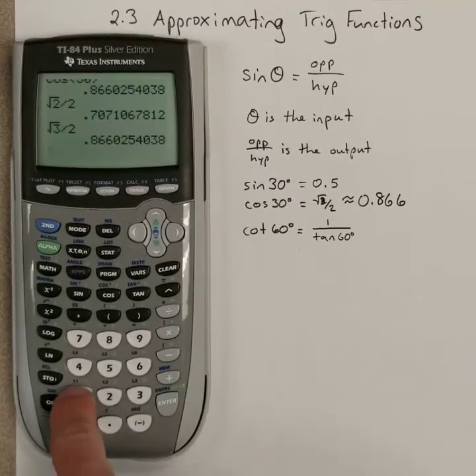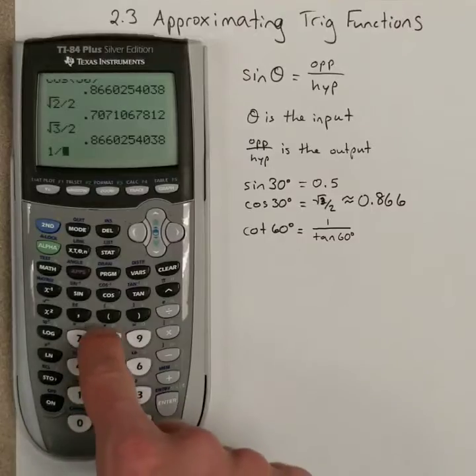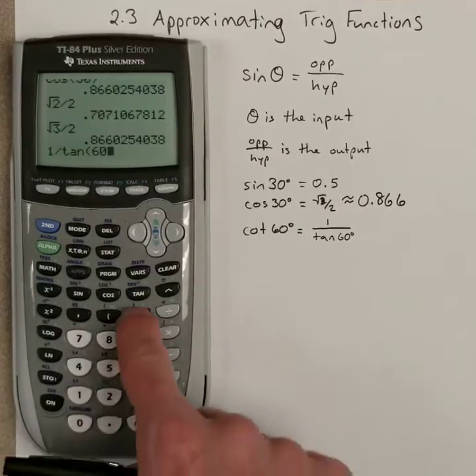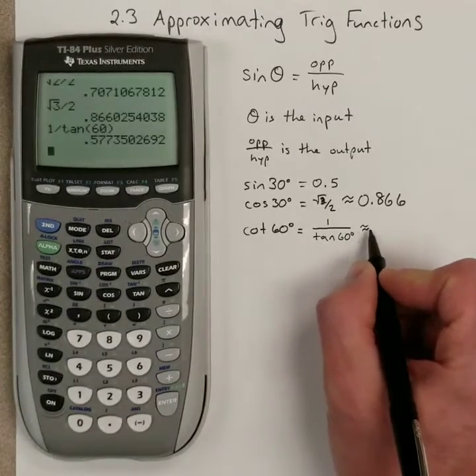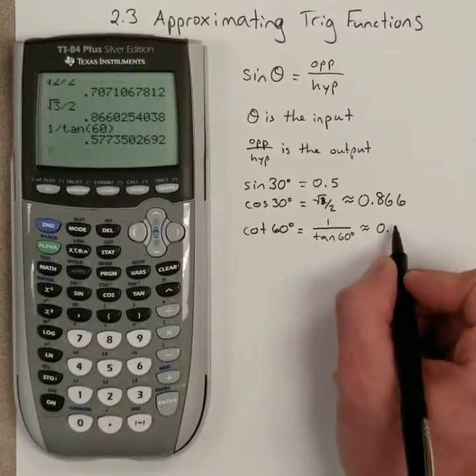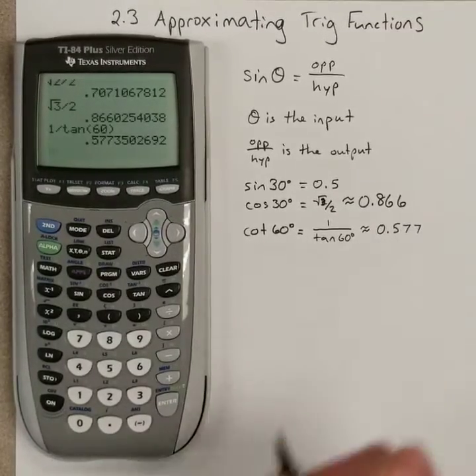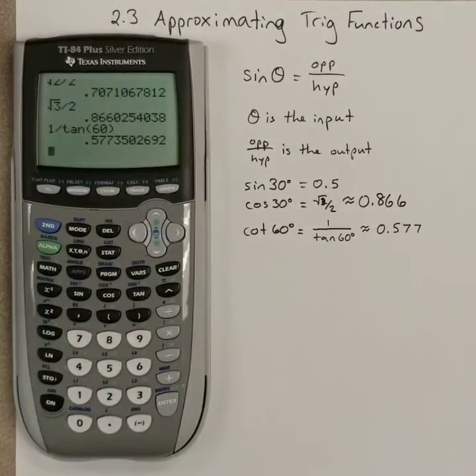And so if I calculate 1 divided by the tangent of 60, that will give me the cotangent of 60, which is approximately 0.577. I'm going to round these to 3 places after the decimal, the nearest thousandth.